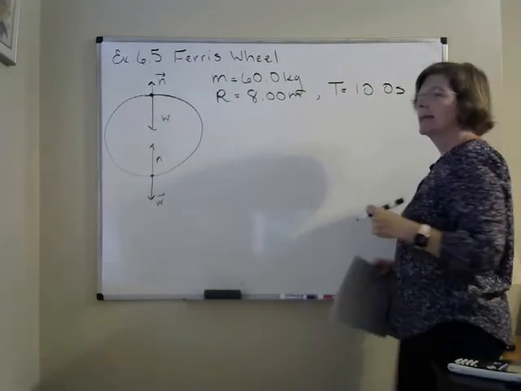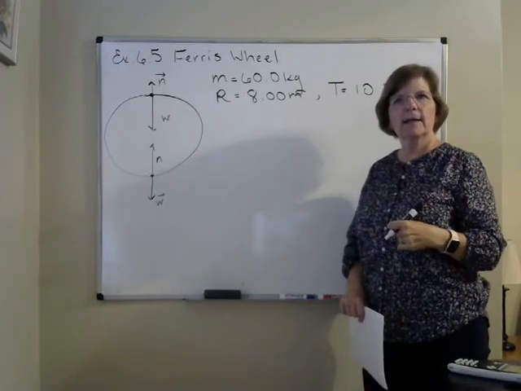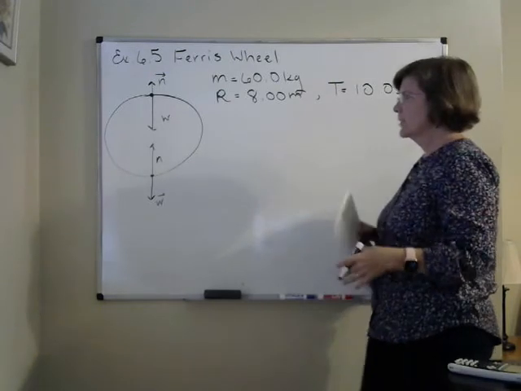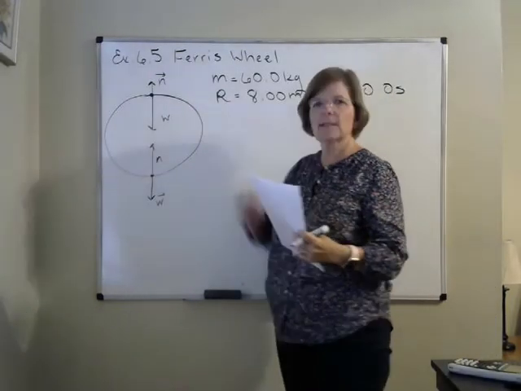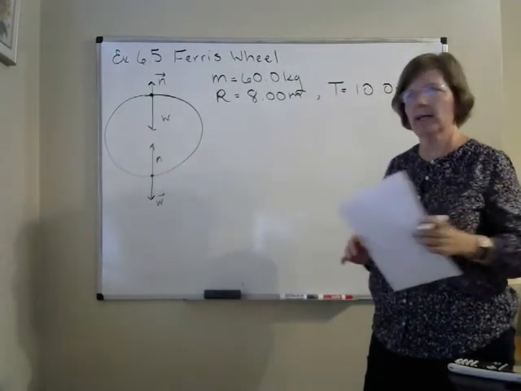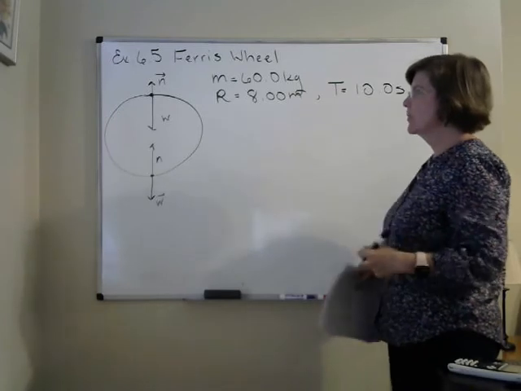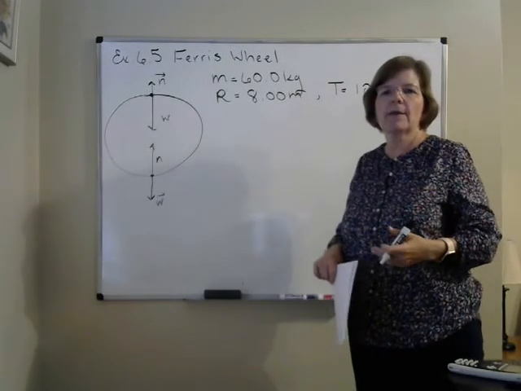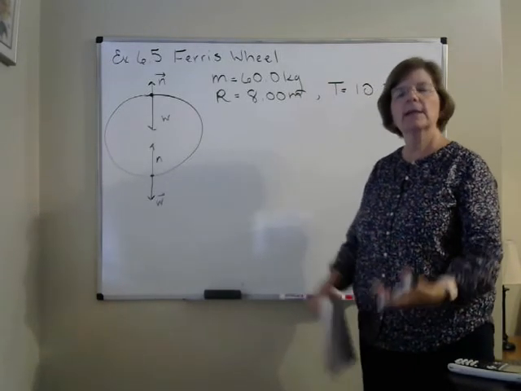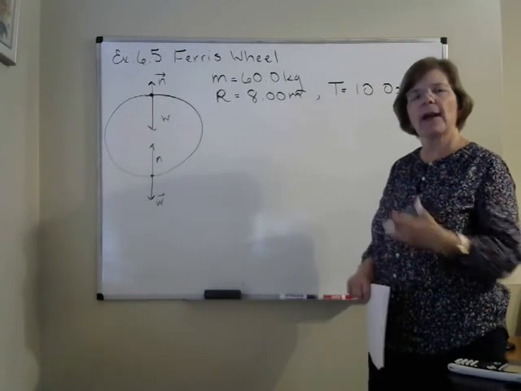It's traveling at a constant speed, so we know the centripetal acceleration is the same at the bottom as it is at the top. We're not changing that. And they want us to find how much normal force is exerted on the passenger at the bottom and how much normal force is exerted on the passenger at the top.